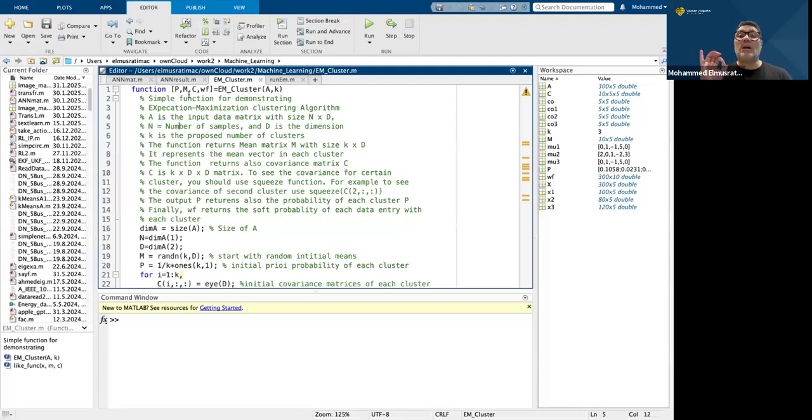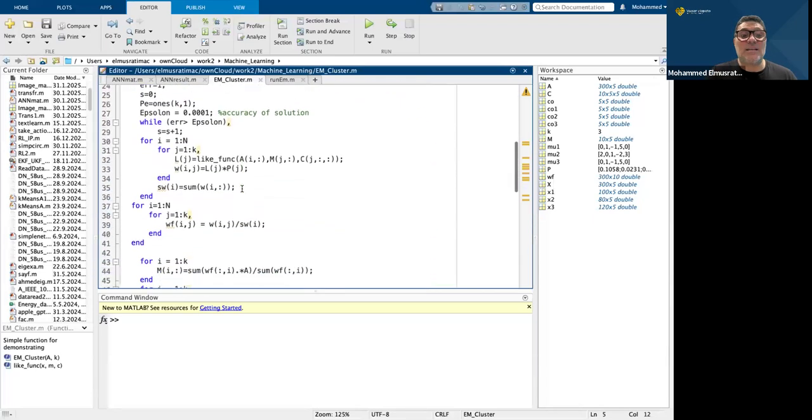C gives you the covariance of each cluster. So it will be like a cell containing the covariance of each cluster. W, F finally is, for each data entry, the probability of being assigned to each cluster. So it returns to you the soft probability of this data.